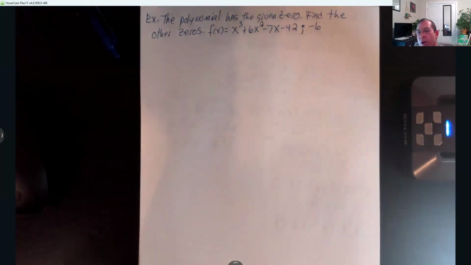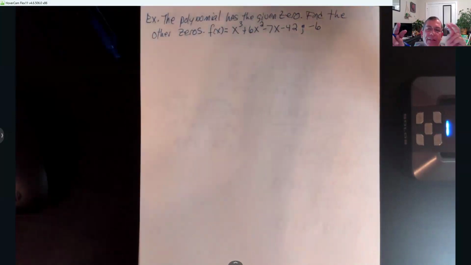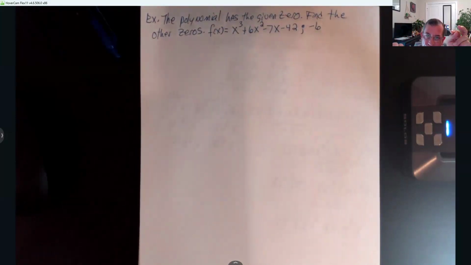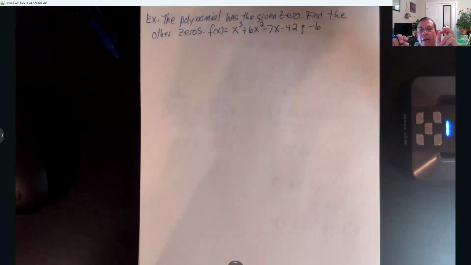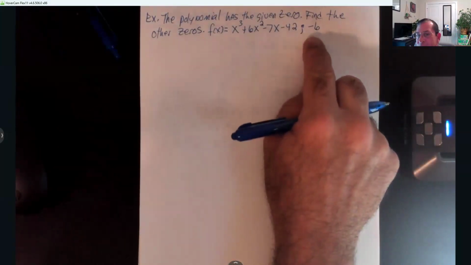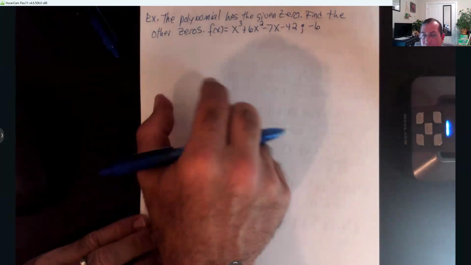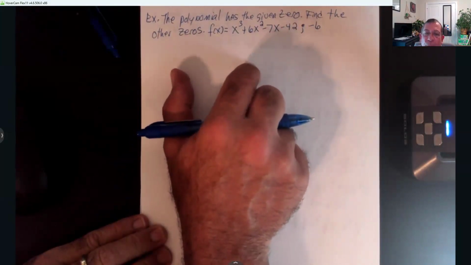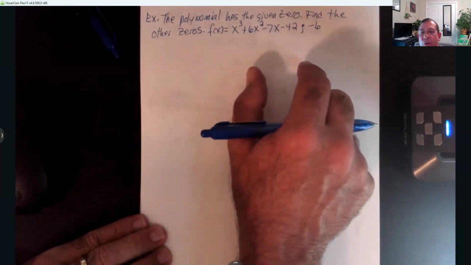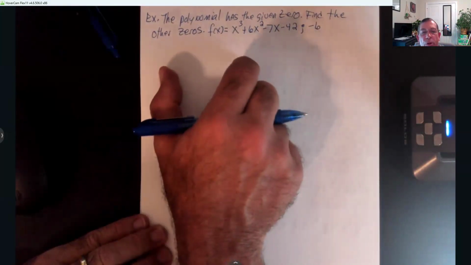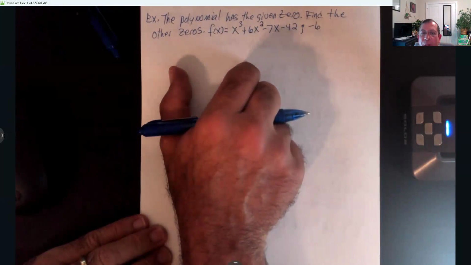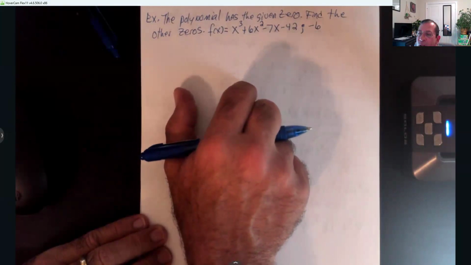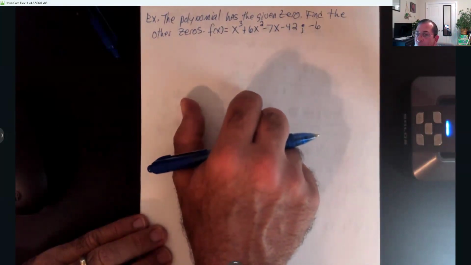So here's what we're going to do to this one. We're going to use synthetic division. We're going to divide out this negative 6, and then I'm going to show you what we call the quotient is what's under the bar next to that remainder. We will use that quotient that we get from synthetic division to find the last two zeros.